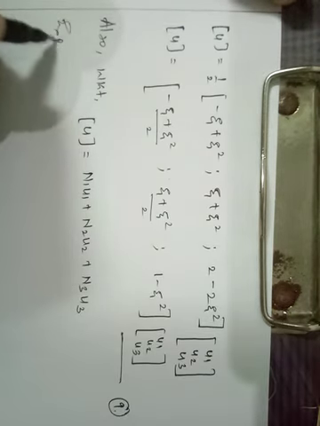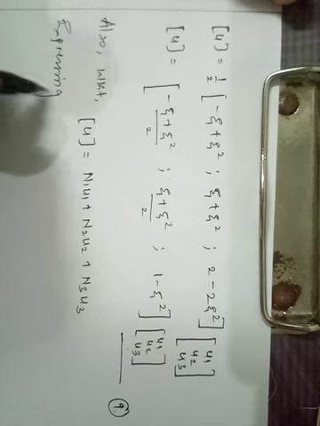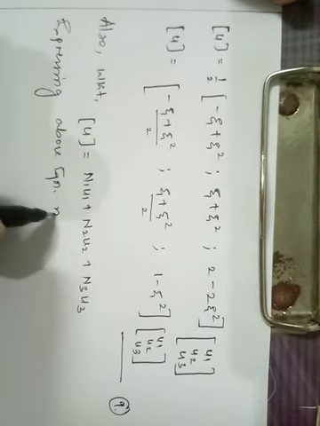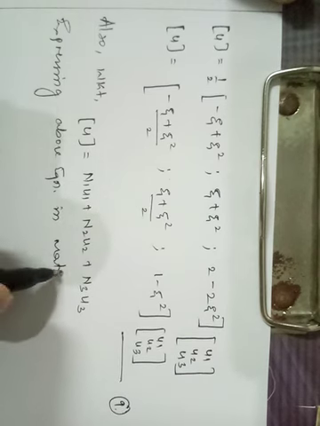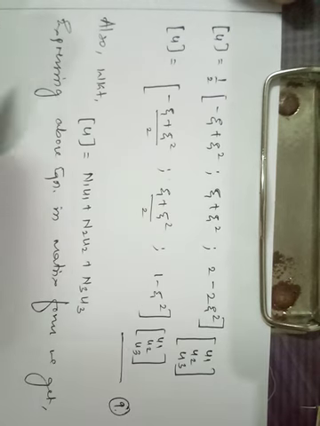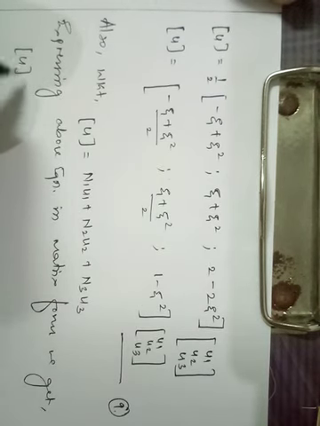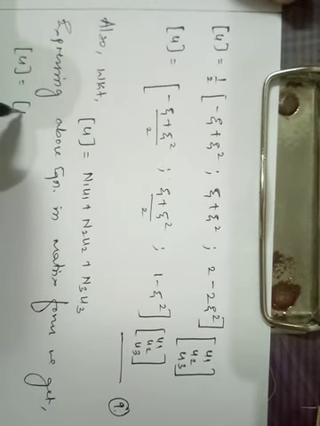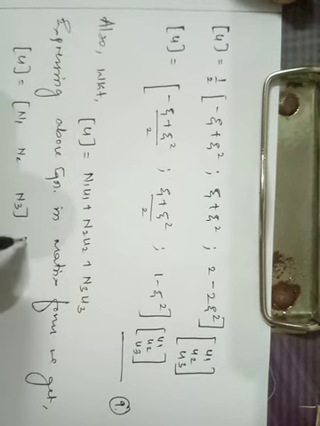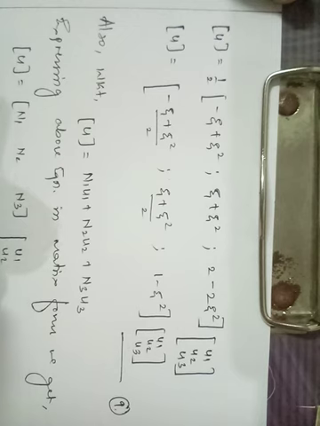Now expressing the above equation in matrix form, we get, so we need to check out what we'll be getting. U is equal to [n1 n2 n3] times [u1 u2 u3].